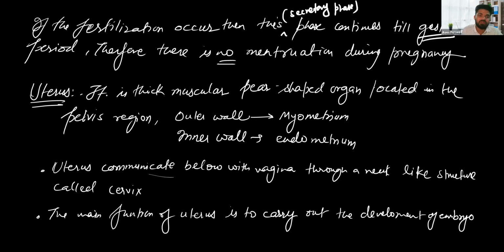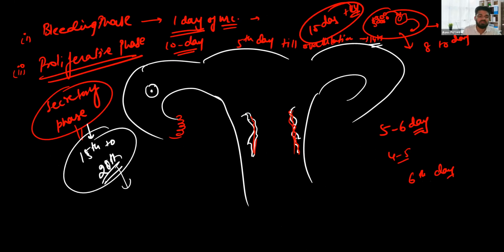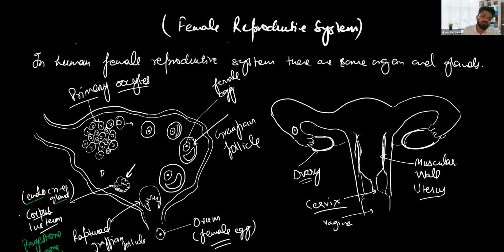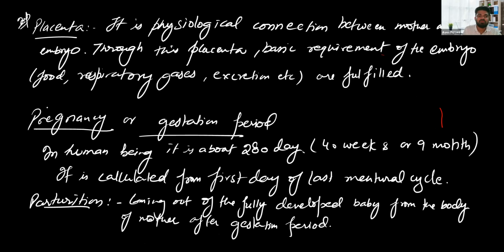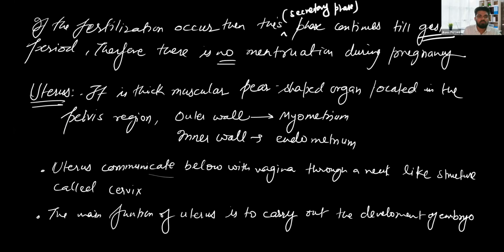Okay, next is the uterus. It is a thick, muscular, pear-shaped organ located in the pelvic cavity.